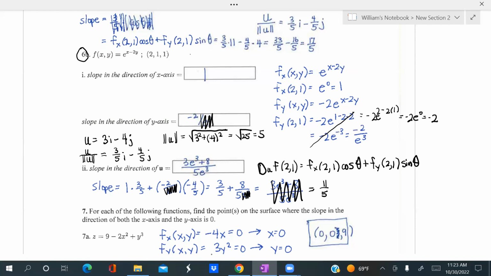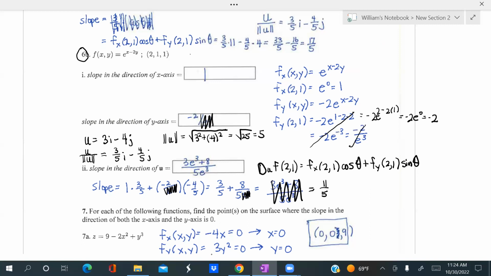So we do get minus 2 e to the x minus 2y, and then when we plug in 2 for x and 1 for y, we get 2 minus 2, which is 0. So we end up with minus 2 as the slope of the surface in the direction of the y-axis.